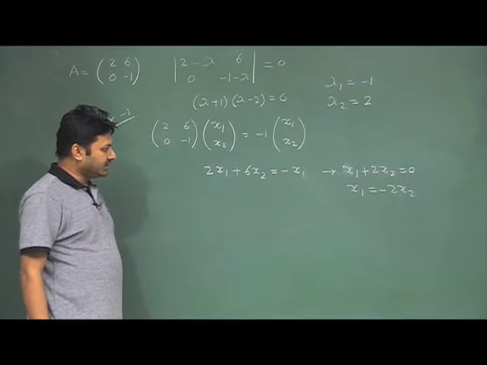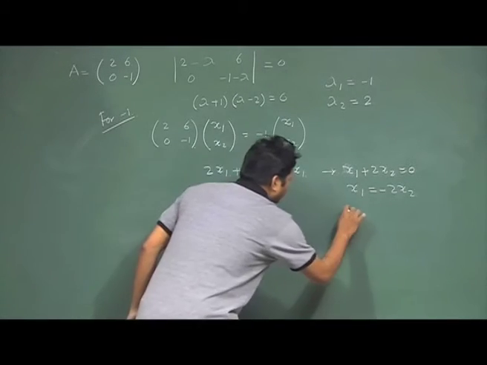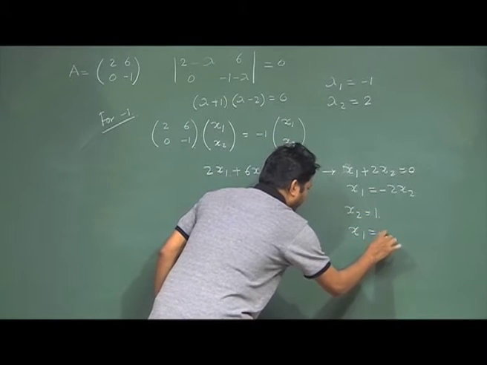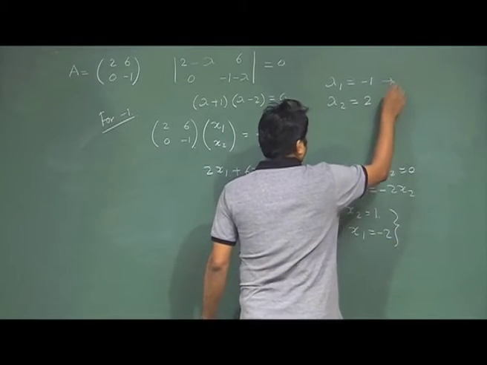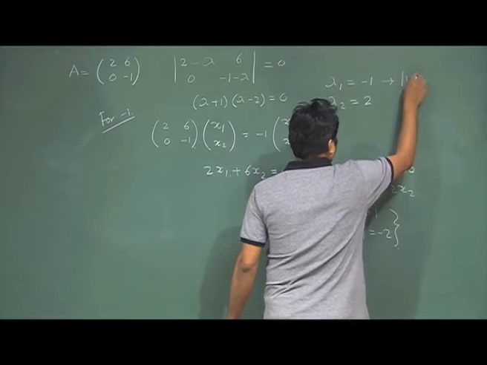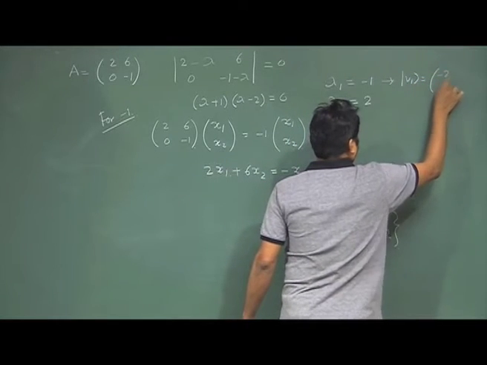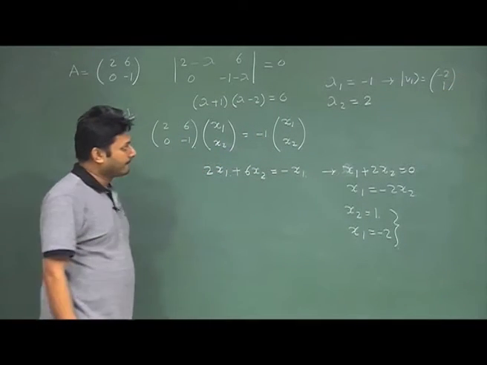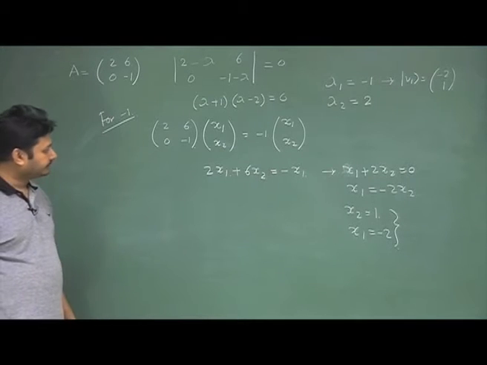So for my first eigenvector, if I put x2 equal to 1, then x1 is equal to minus 2. So my first eigenvector, say v1, is coming out to be minus 2, 1.